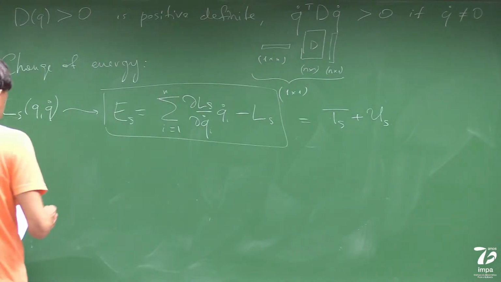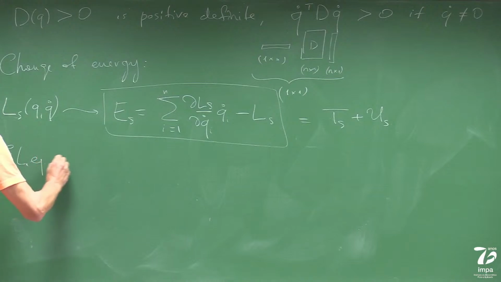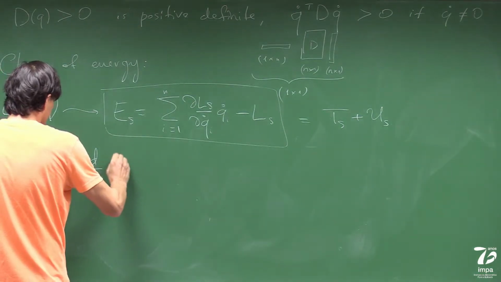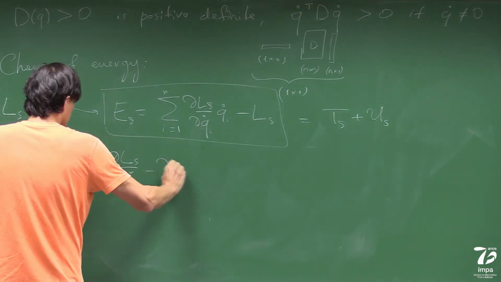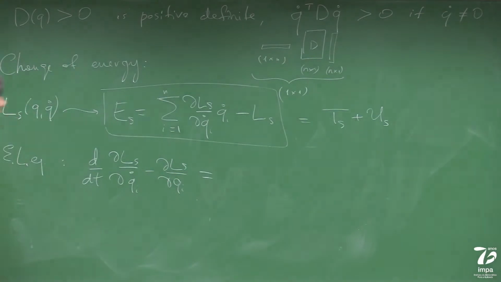So what do we have? First of all, the equation of motion. The Euler-Lagrange equation for our system is this one. So let's just repeat this equation. On the right-hand side, we have the dissipative force.